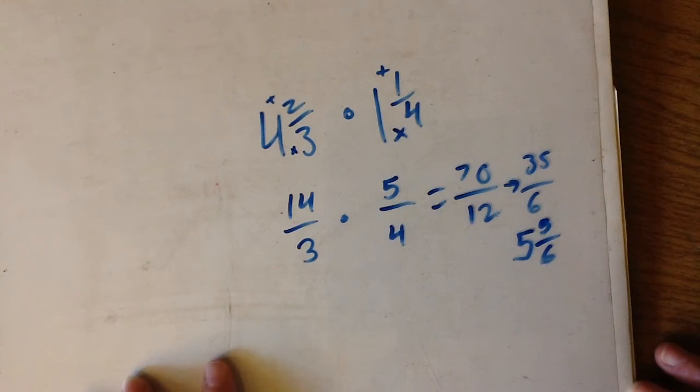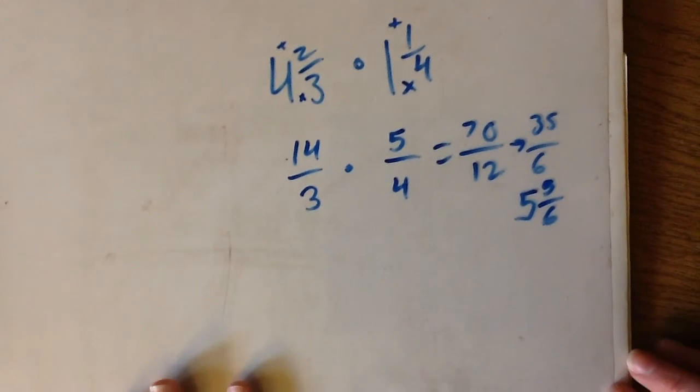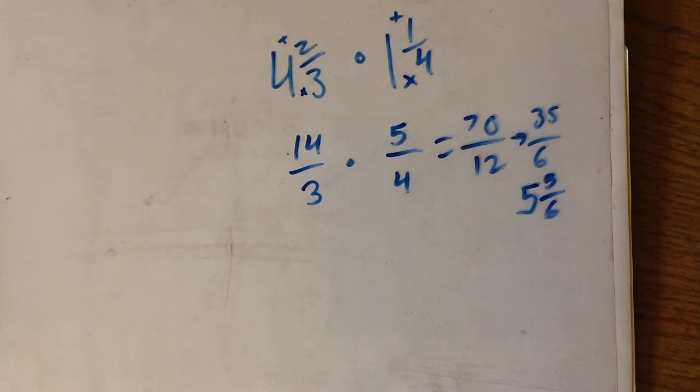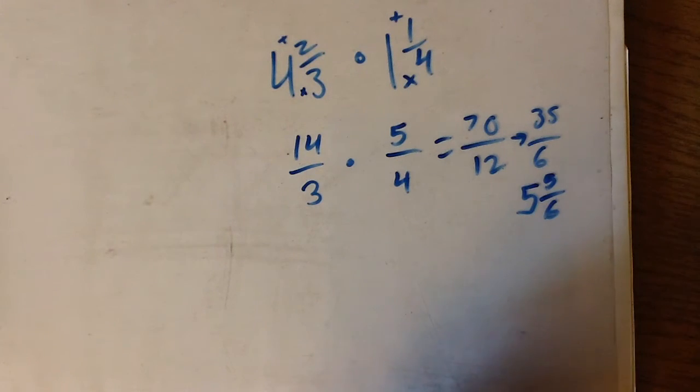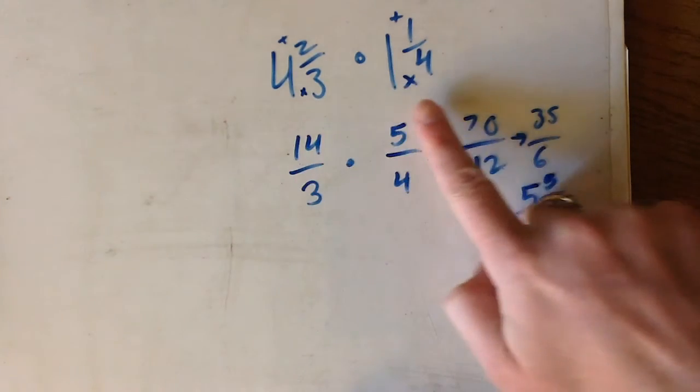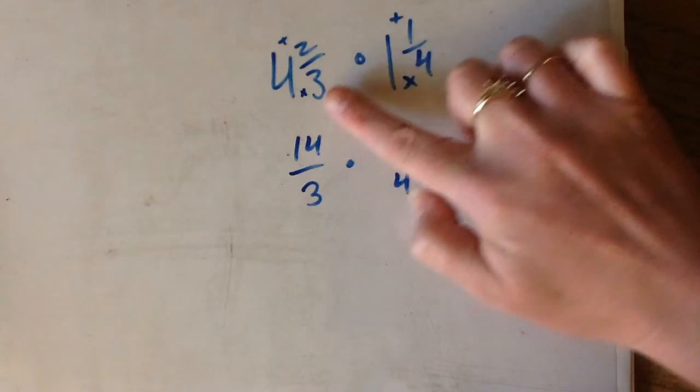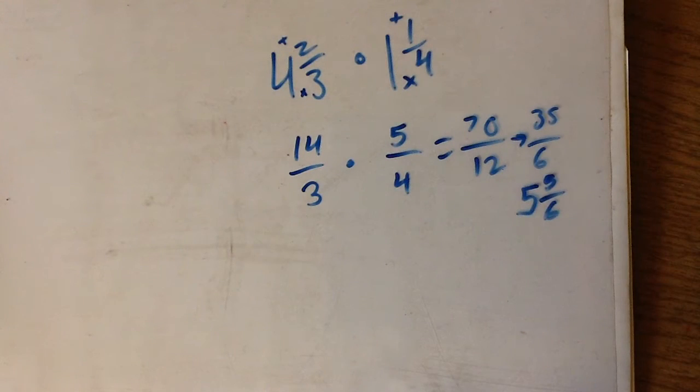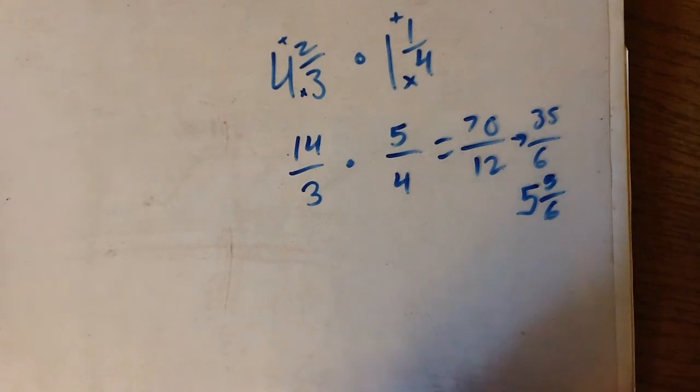I don't know if this will be faster for you or not, but it's kind of cool because it brings back what we've learned in science with the Punnett squares, if you remember those. If I think about these numbers up here, it's set up as if it's 2 numbers multiplied, but it's actually 4 numbers: the 4, the 2/3, the 1, and the 1/4.